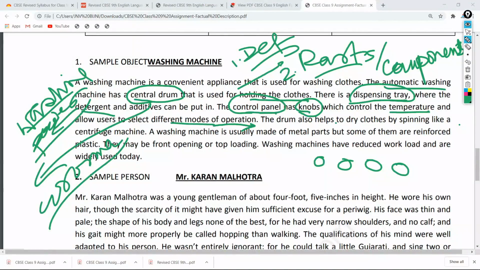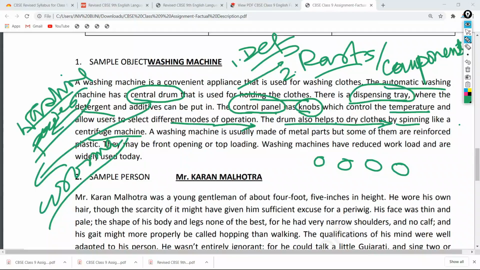The drum also helps to dry clothes by spinning like a centrifuge machine.